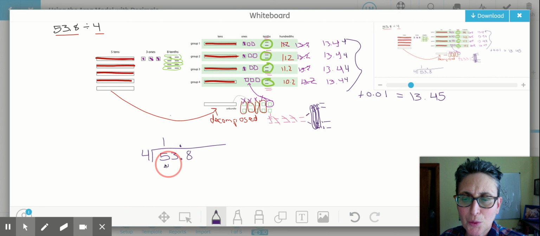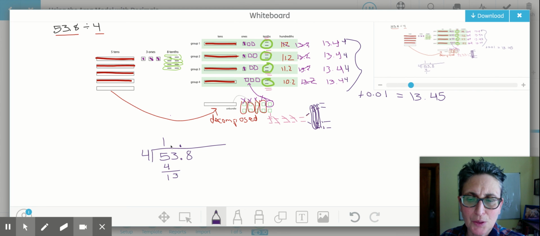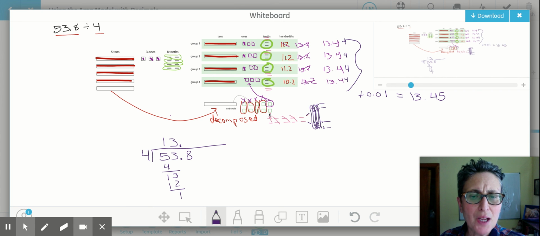That would be 40. I have 10 left over, and I have 13. I do know that I can get 3 groups of 4. That would be 12. I have 1 left over, which sounds a lot like that one. This was that one that was left over here, isn't it?